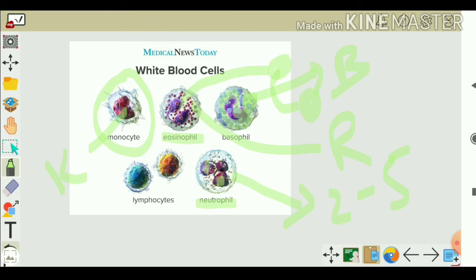If we look at this cell, in this case there is a large nucleus and very small peripheral cytoplasm, so it is a specific feature of lymphocytes.